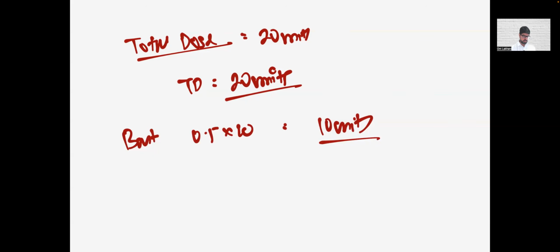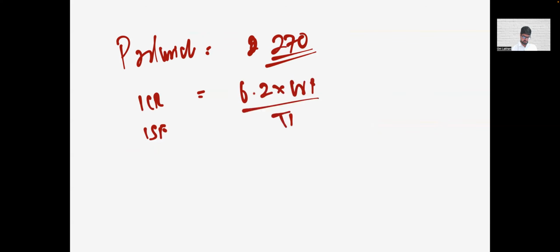Now you are checking the pre-meal sugars. Let's say your pre-lunch sugar was again 270. So you first have the insulin carb ratio and insulin sensitivity factor. Insulin carb ratio is 6.2 into weight divided by total dose of insulin.